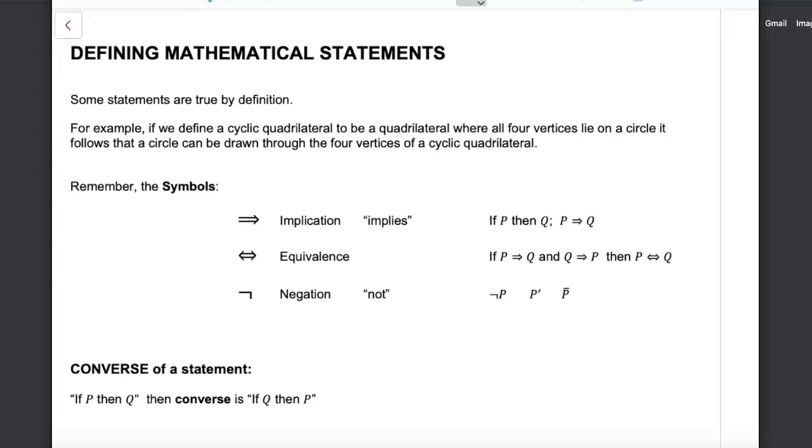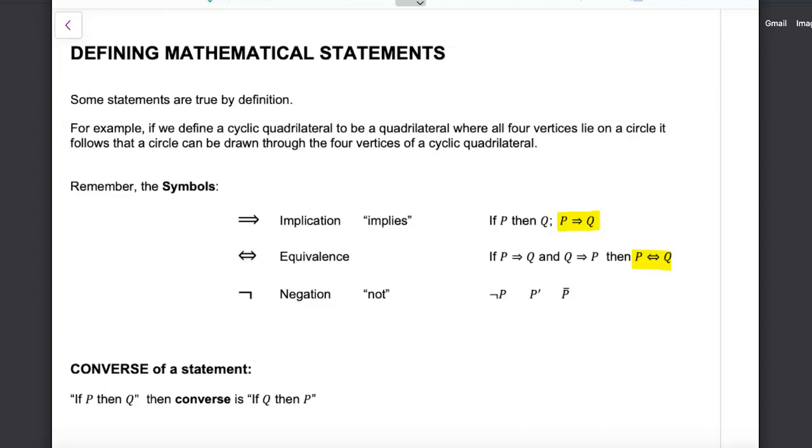So I'm just going to remind you of some symbols that we've previously been introduced to. The symbol of implication, which means it implies, is a sort of double arrow to the right. So if P then Q, we write as P implies Q. The symbol of equivalence is saying that if P implies Q and Q implies P, then P and Q are equivalent.